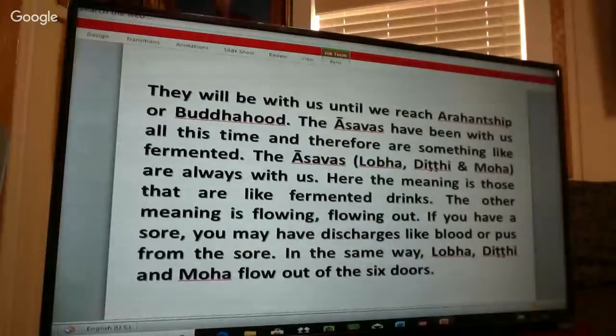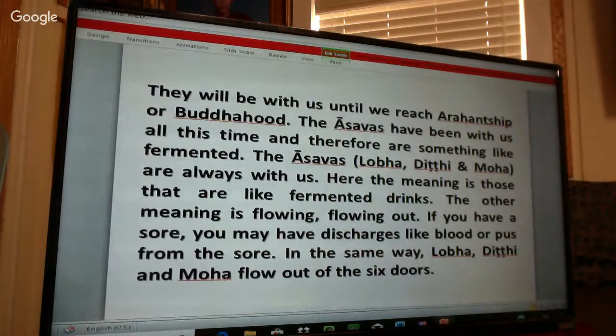Seeing through the eye door, hearing through the ear door, smelling through the nose door, tasting through the tongue door, touching through the body door, and thinking through the mind door. So through the six doors, the four kinds of asava flow out from them.